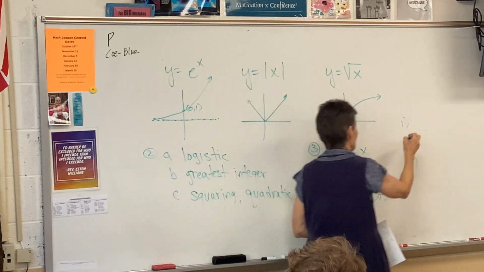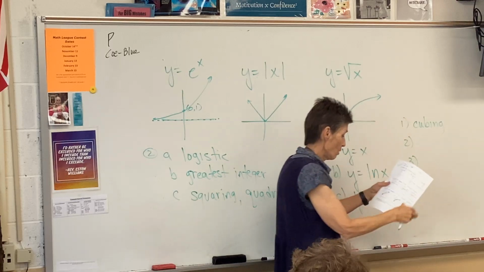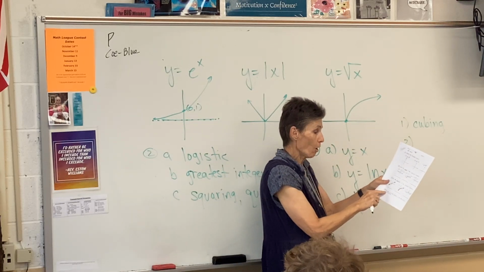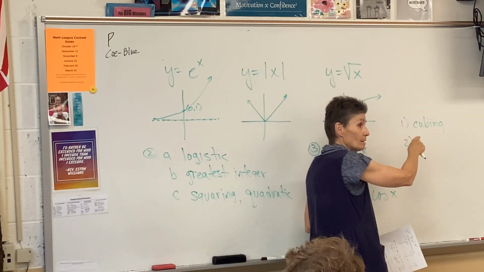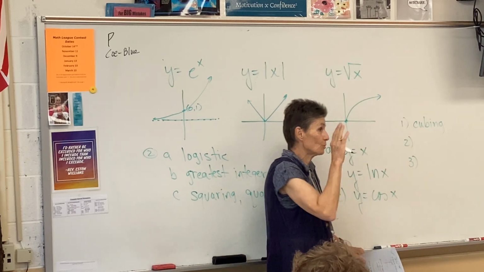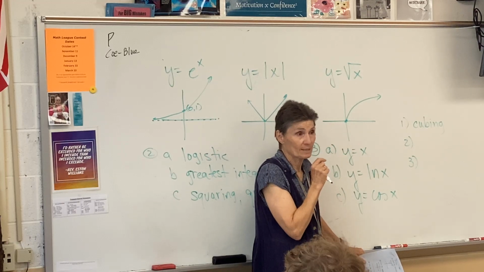Cubing. We haven't done the cubing function. Now, for this last one, you are going to draw a name or write the equation. So I wrote the name, cubing, but if you didn't remember cubing, you could do x cubed, or you could draw a picture of it.